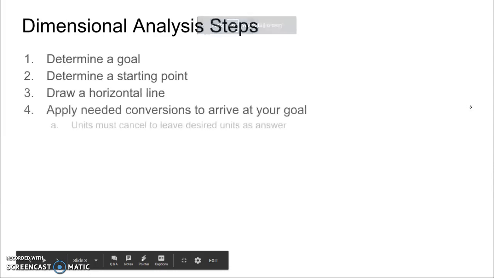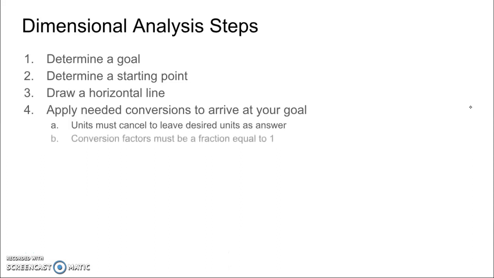So a trend that you're going to see and use in these is the units must cancel out to leave the desired units as the answer, and the conversion factors must always equal 1 to help us out. Now step number 5 is where you pull out your calculator and start doing some math. What math do you do?